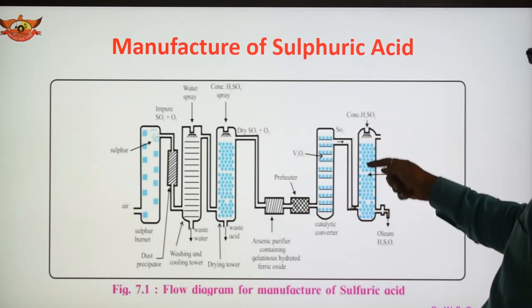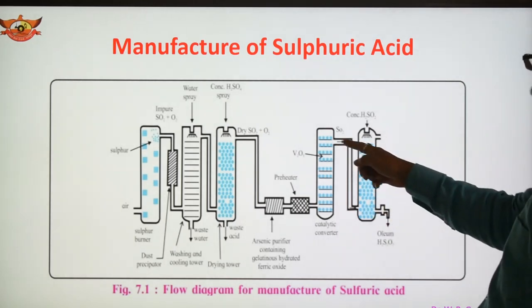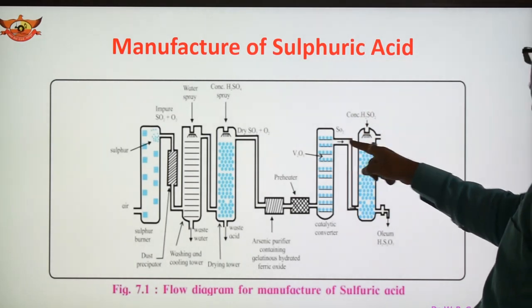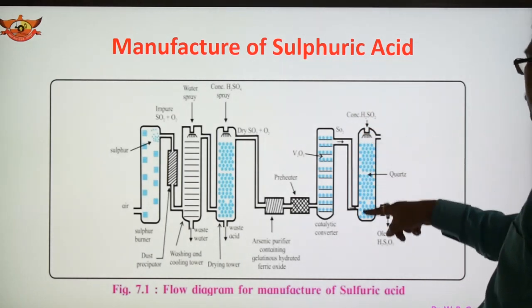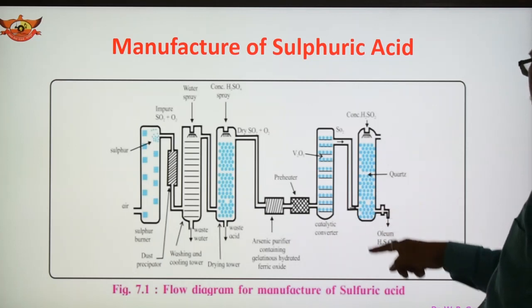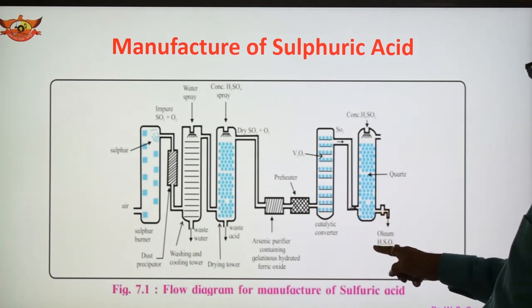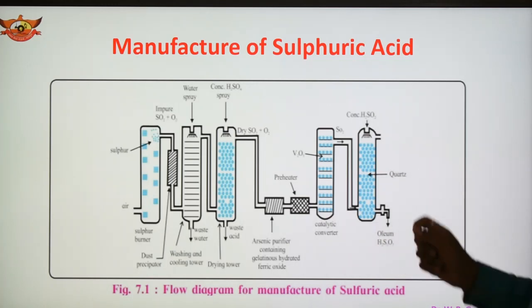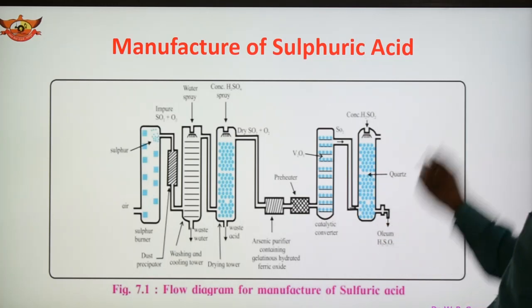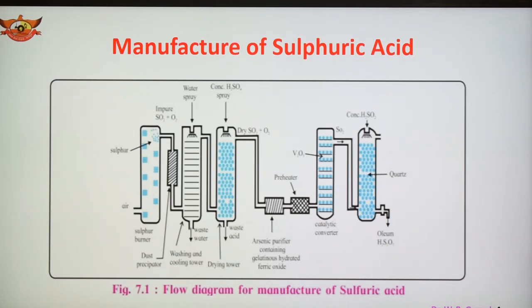After that there is a constant H2SO4 spray. The SO3 obtained here gets absorbed by H2SO4, and this is the outlet for collecting the oleum, that is H2S2O7. When this oleum is added to water or diluted, we get sulfuric acid. So this is the complete flow chart diagram for the manufacture of sulfuric acid.